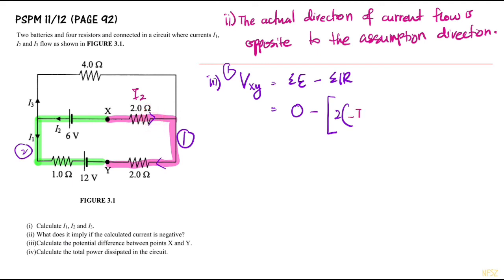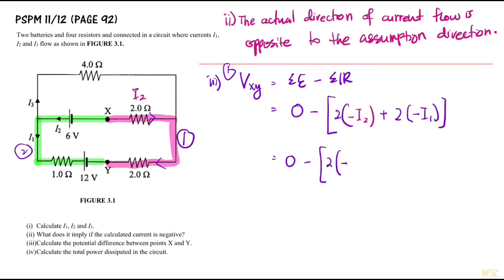So negative I2, tambah. Dan dia jumpa satu lagi resistor 2 ohm here. So current tadi ke bawah macam ni, tak sama dengan route kita. So dia minus juga, minus I1. So kosong minus 2 negatif I2.